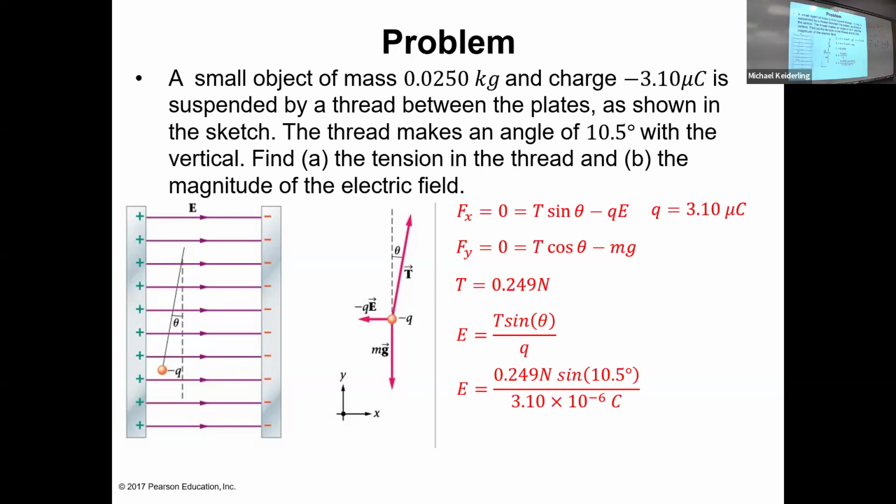Since we're just looking for the magnitude, the signs don't matter, so we just drop the minus sign. That's 1.46 times 10 to the 4 newtons per coulomb. I misspoke there. So that's the magnitude of the electric field.